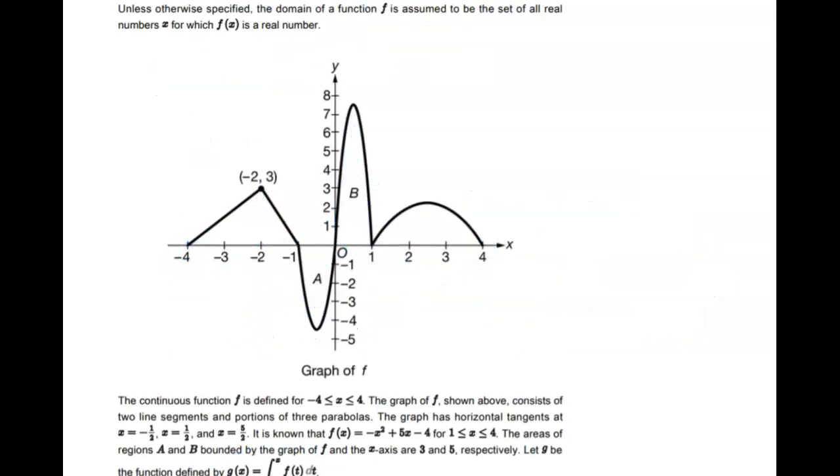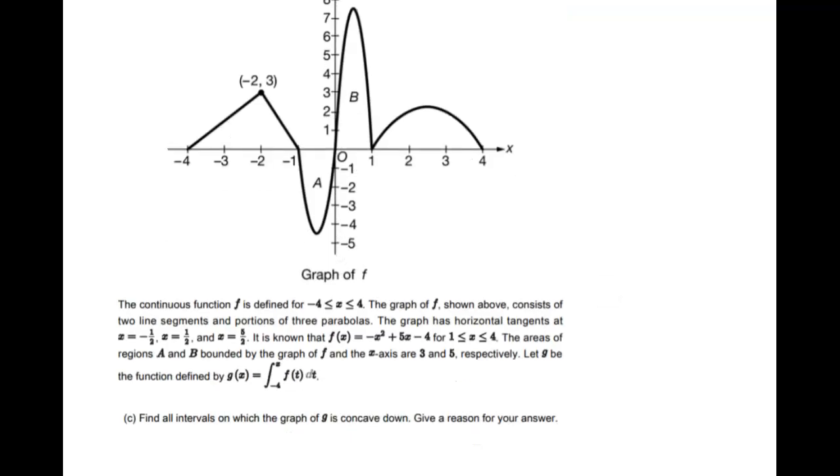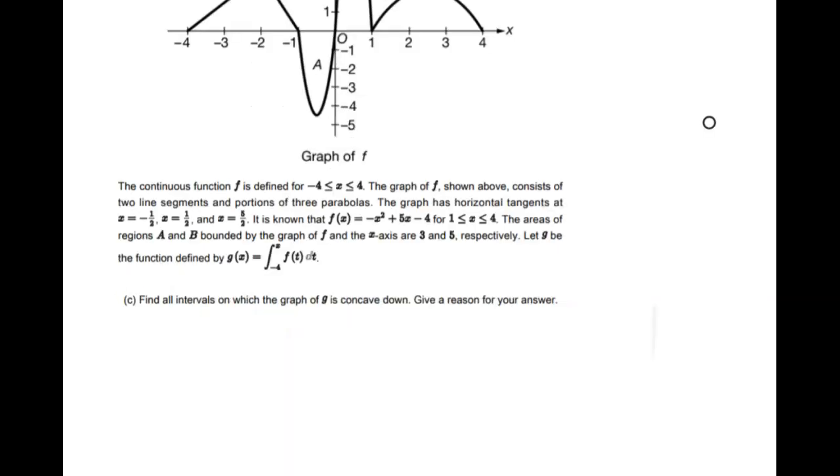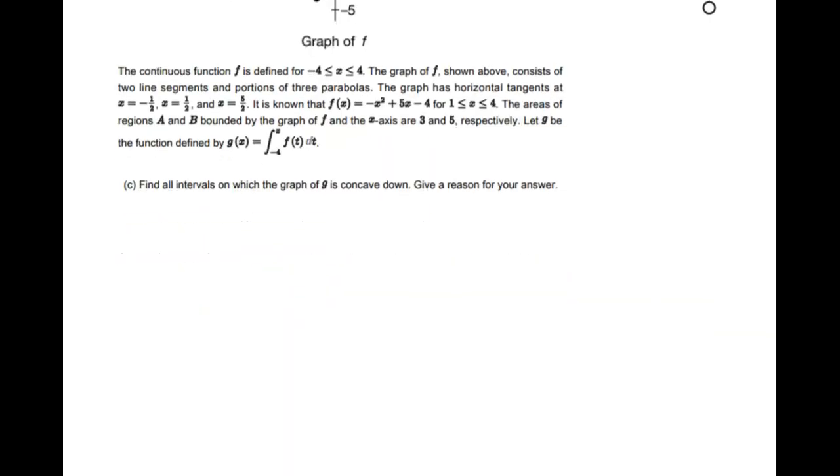Part C. Now we're looking for when the graph of g is concave down, and give a reason. Concavity is second derivative, so we want to know when g double prime of x is less than 0. And that'll tell us concave down, or negative concavity, I guess.